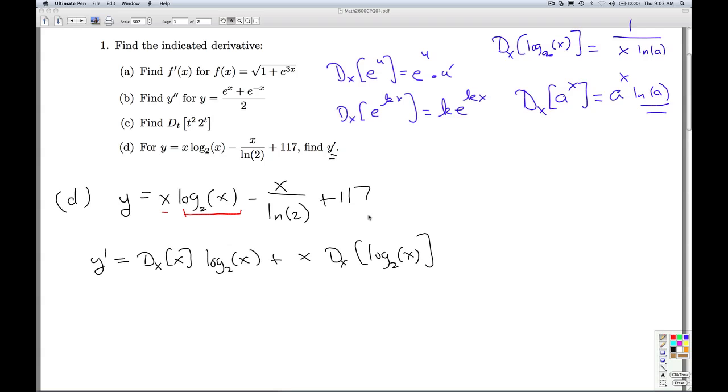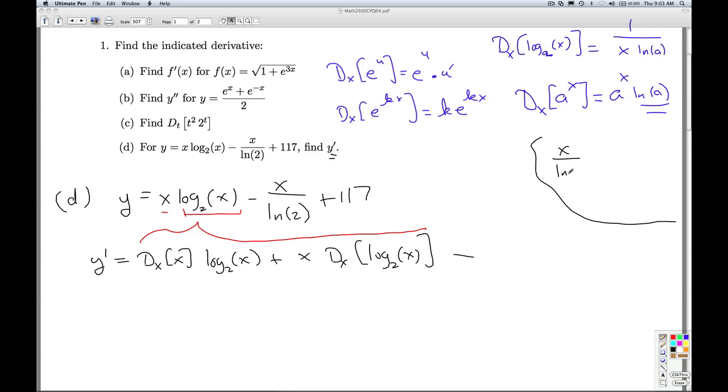Then I'm just taking the derivative of that first term, minus the derivative of this. Even though it looks a little frightening, the natural log of 2 is just a constant, so we'll make a little note over here.